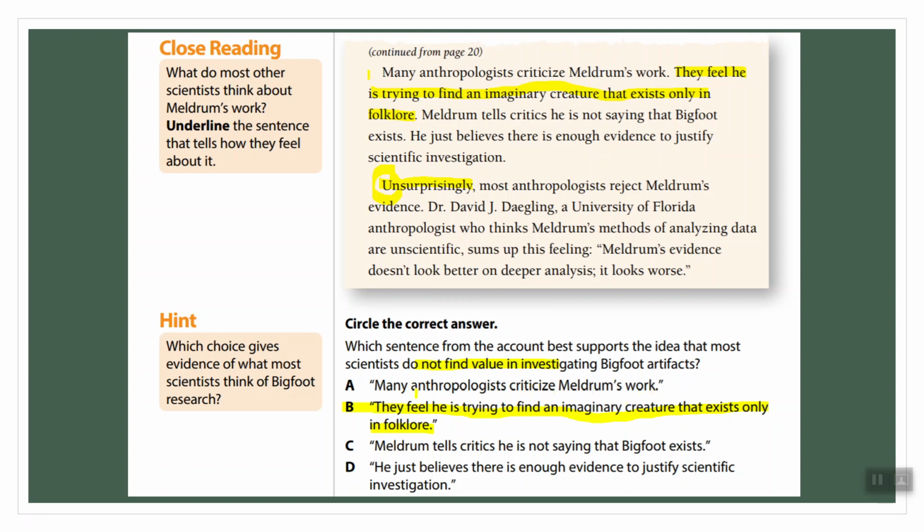This tells us that the anthropologists are critical or are finding things wrong with Meldrum's work, but not necessarily that they don't find value in it. They can still find value in the work, but just not agree with how he's doing it. So that's why B is a better choice, because it tells us exactly that they feel he's trying to find an imaginary creature that exists only in folklore, meaning they don't find any value in what he's doing.